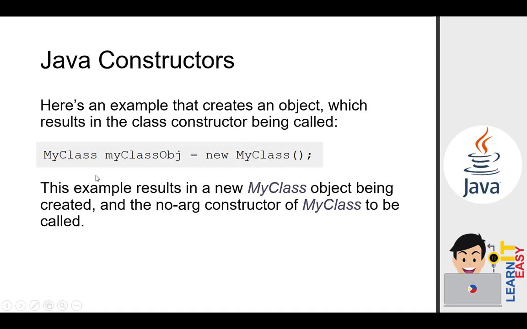This example results in a new myClass object being created and the no-argument constructor of myClass to be called. So mapapansin ninyo, walang value na nakalagay doon sa loob ng parameters ng constructor. Ang tawag natin sa mga ito is no-arg o no-argument constructor or simply empty constructors.